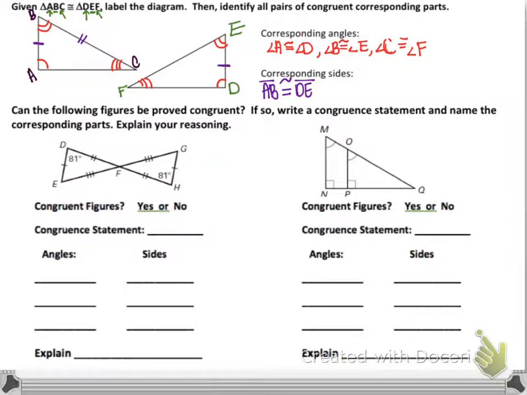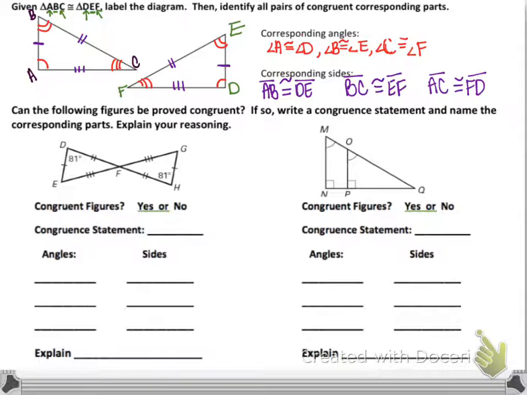BC is going to be congruent to EF. And then last, AC will be congruent to FD. Alright, those are all my corresponding angles and all my corresponding sides.